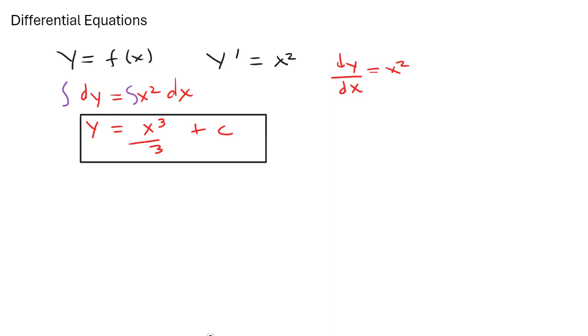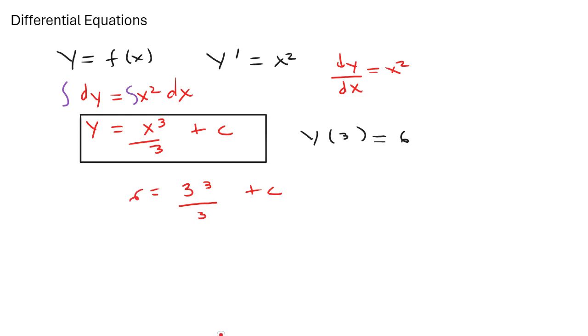Now, if you had an initial value, such as when you plug in the value of 3, it gives you 6. You could solve that algebraically by substituting: 3 cubed divided by 3 plus c, and we know that the value should be 6.